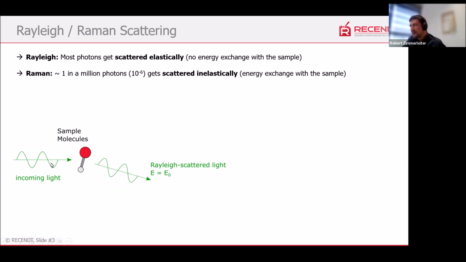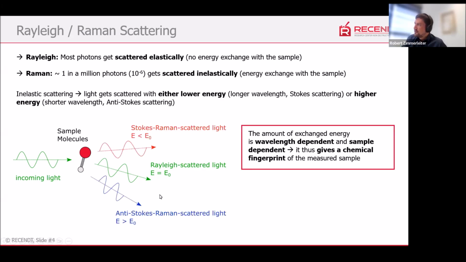Down below, we see a schematic drawing of incoming light with a sample molecule, and it gets scattered, so it changes its direction, but it doesn't change its energy. The inelastic scattering means that the photons that get scattered by the sample molecules either get scattered with lower energy, which means longer wavelengths, which is the Stokes Raman scattered light, here indicated in red.